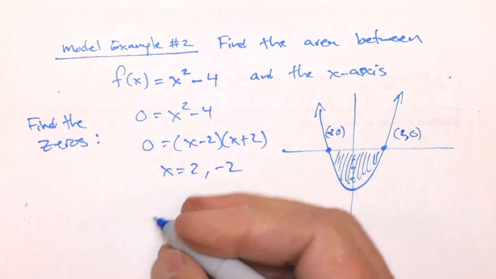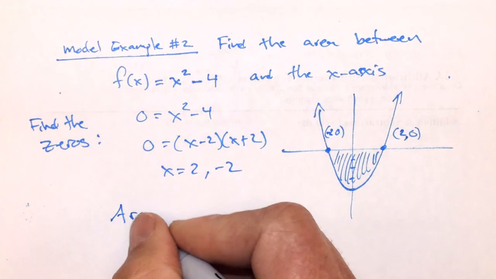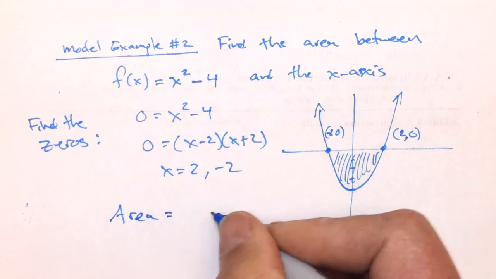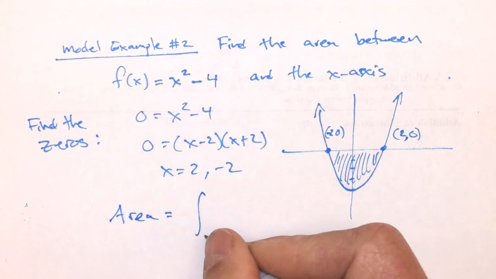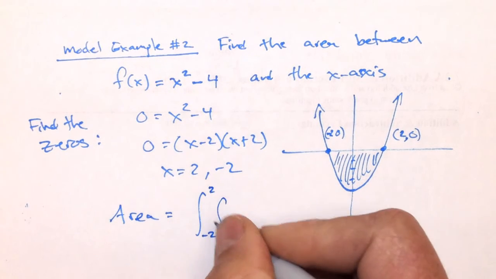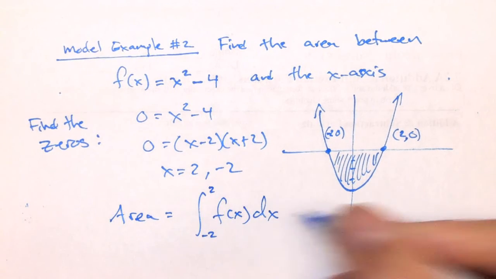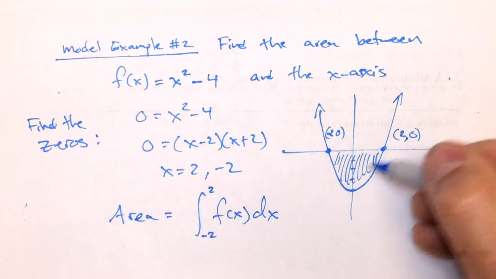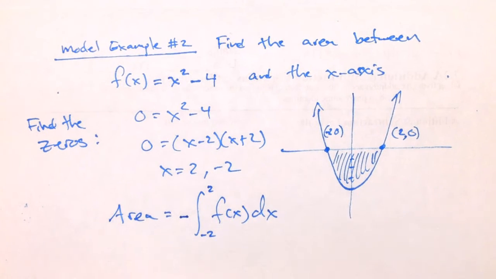So I can set up my area that I want. It's going to be the integral from negative 2 to 2 of f of x dx, although that's going to give me a negative area, so let's just take the negative of that.